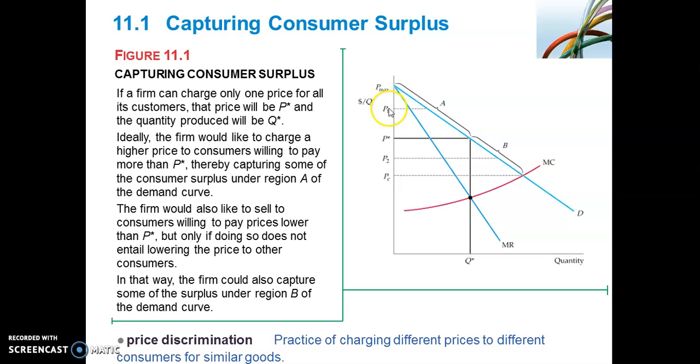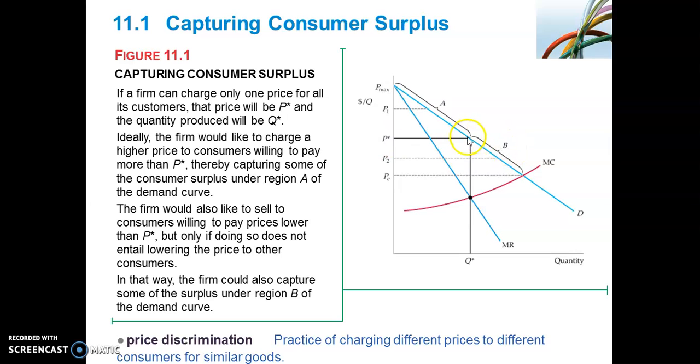However, you can't raise the price for everyone because you'd lose some of those customers that are not willing to pay a higher price, and hence you would lose profit. Then there are also customers in this region B that would not be willing to pay a price of P star in the first place.